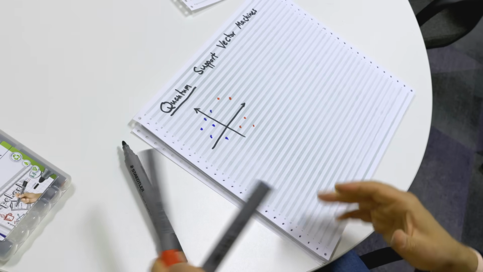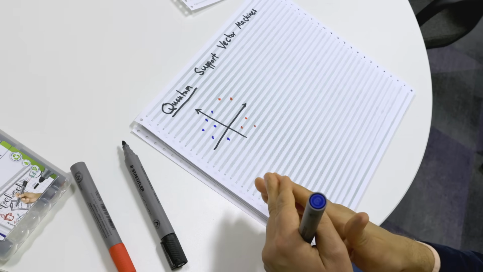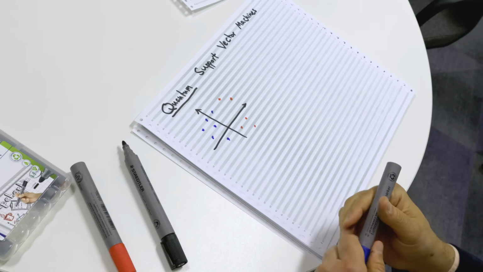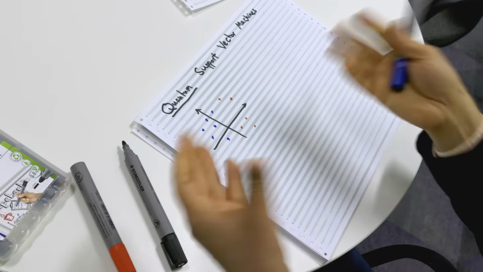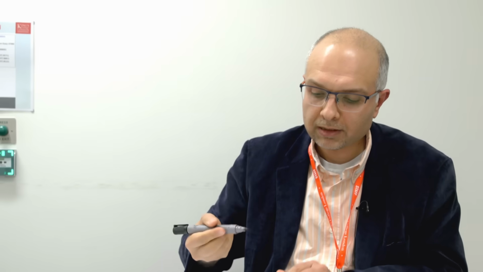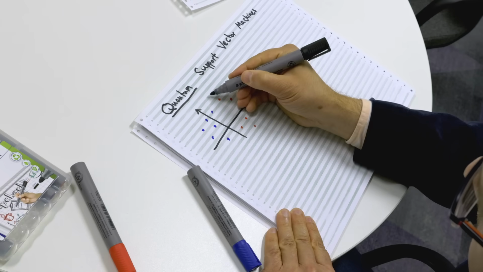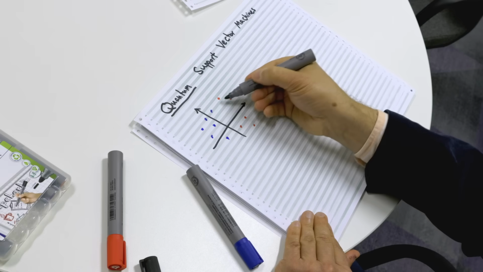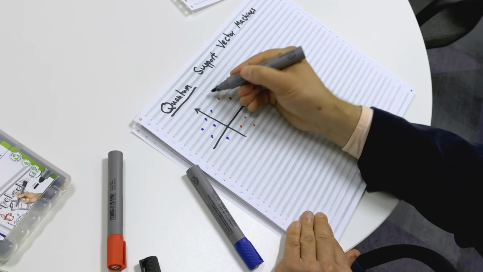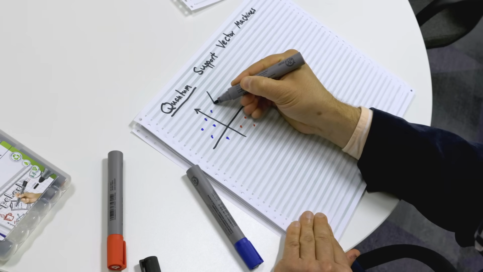Then in order to build a machine learning model that can separate future instances of blue and red labeled data and give me the correct label, this is called the classification problem, I typically draw a line that has the maximum distance between the blue and red dots, the data points, close to this line, right?